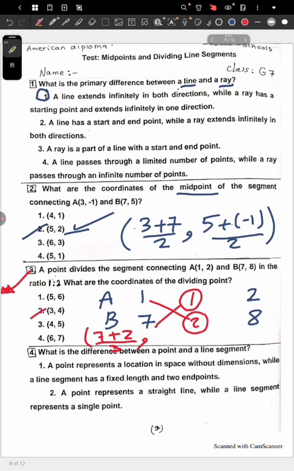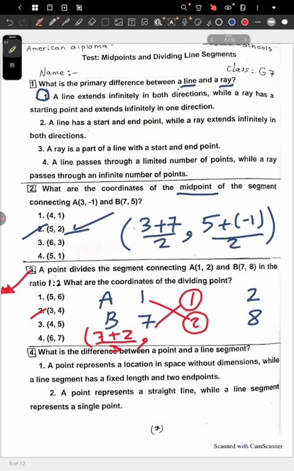You can remember number 2. What's the difference between a point and a line segment? A point represents a location in space without dimension, while a line has a fixed length and two end points. Okay. A point has no dimension, while a line segment has length.